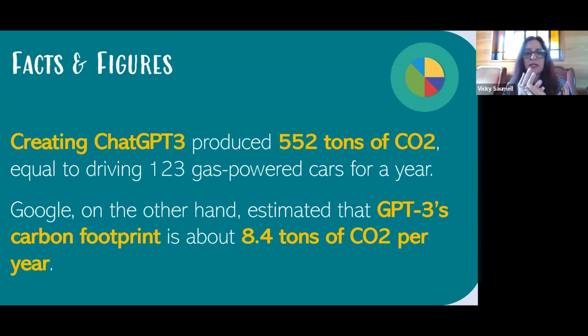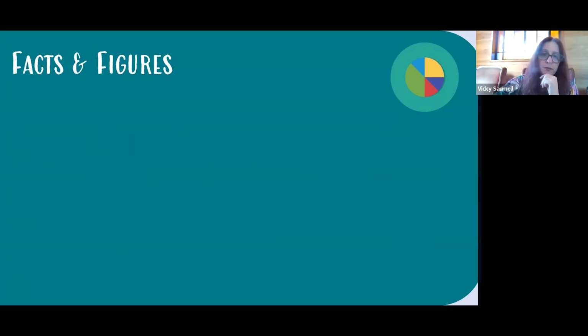And the comparison is 123 gas-powered cars for a year. Google estimates that the cost per year of using ChatGPT 3 is 8.4 tons of carbon dioxide per year.